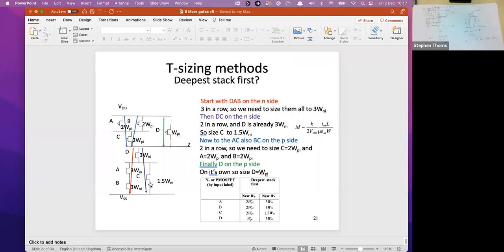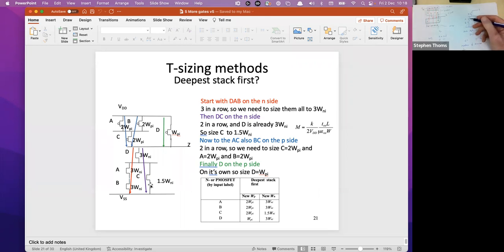I tend to think about the transistors in this context as the wider they are, the lower the impedance, and the impedance of the transistor is proportional to 1 over the width. So if you make the width wider, it's got a lower impedance. And so if you've got 1 over 3 WN, that's its impedance.